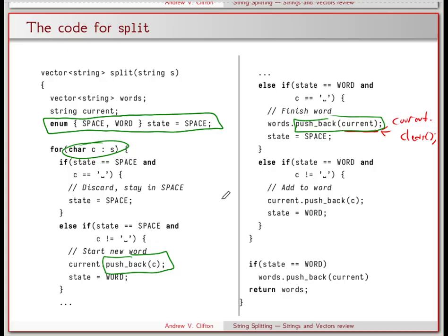Now, leading into what we're going to talk about in the beginning of the next module, module 2, a question that you might want to ask yourself is, as you increase the length of the string, how will the runtime of this function change?